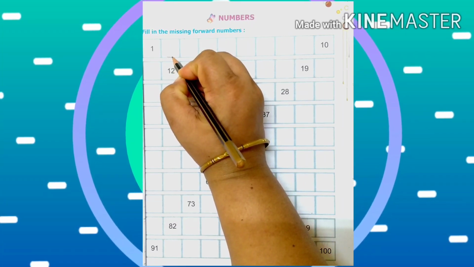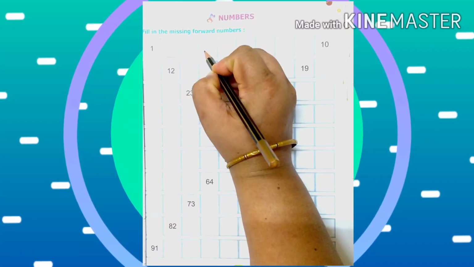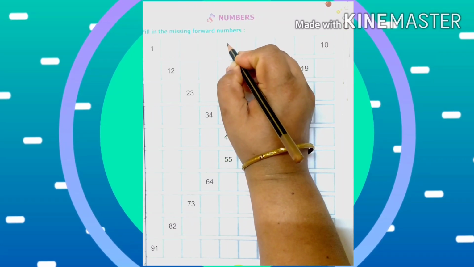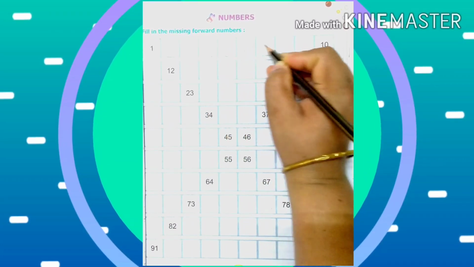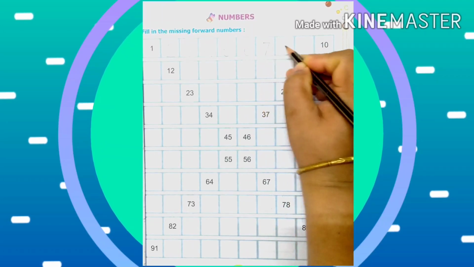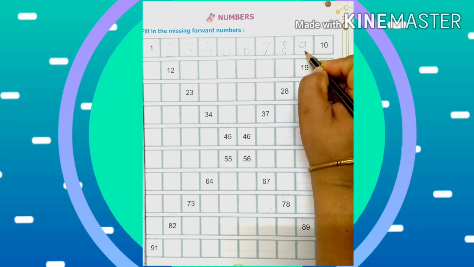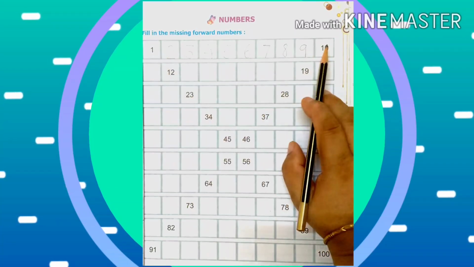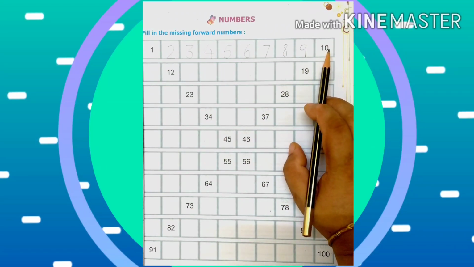After 1 comes 2, 3, 4, 5, 6, 7, 8, 9, 10. Children, those numbers are printed in this page. You will not write again.